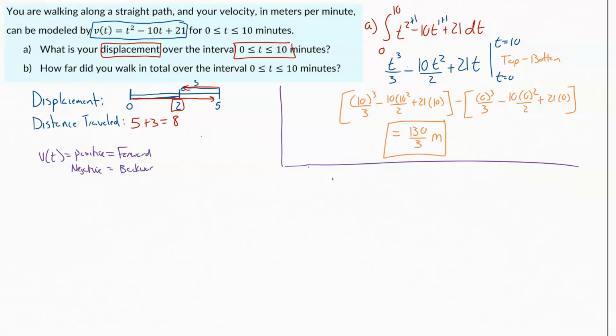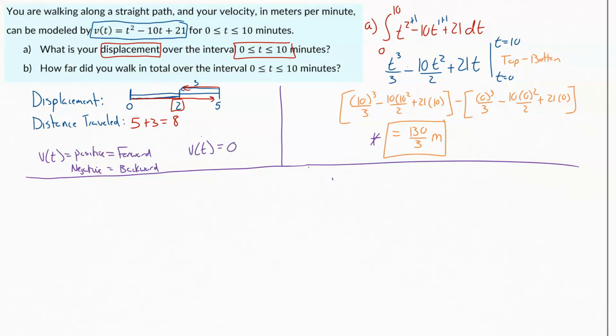Adding the forwards and the backwards all up gave us our displacement. However, on this one, we want to know how much total movement we did. So the movement points are going to change when our velocity equals 0, because that's when we stopped and we could or could not have changed direction.